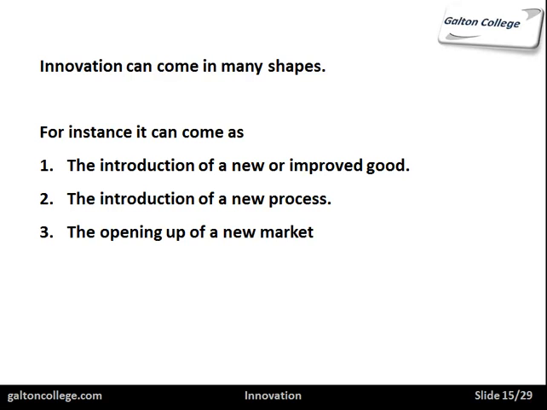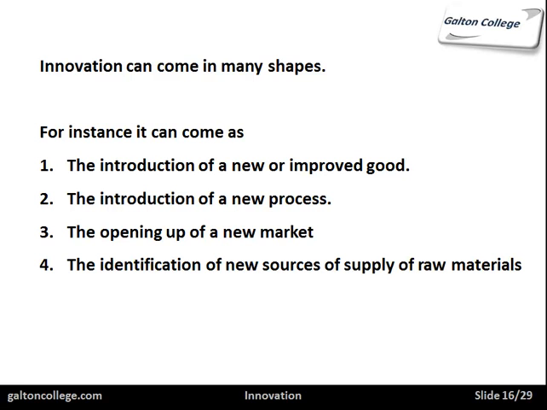It could be opening up a new market. That's the innovation. The innovation is that a company has traditionally sold in a particular market. The innovators arrive, or the entrepreneurs within the business see opportunities in other markets, so they innovate the business itself. It could be the identification of new sources of raw materials.